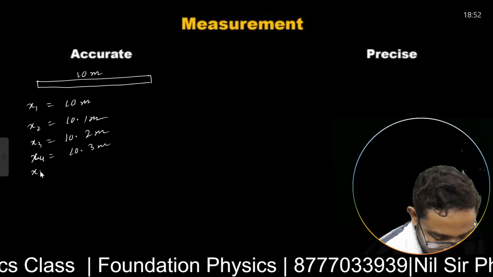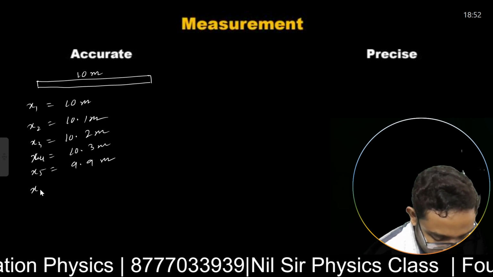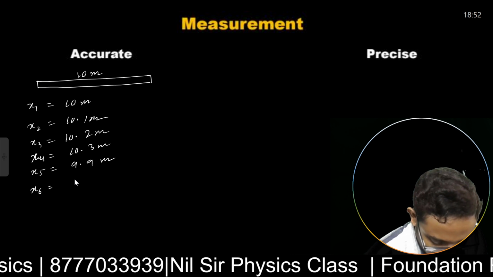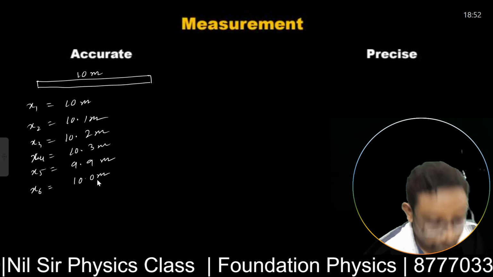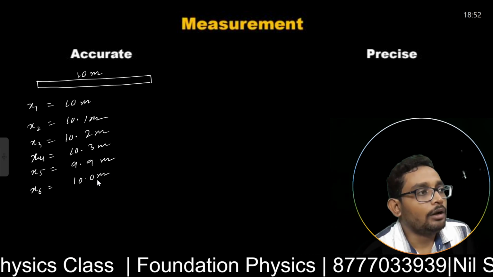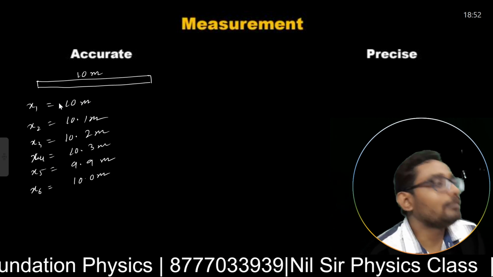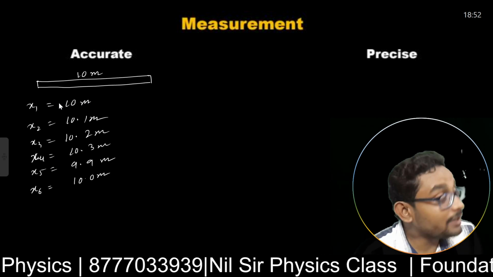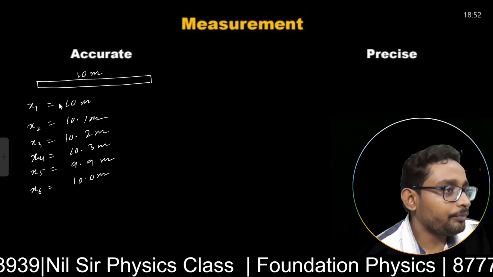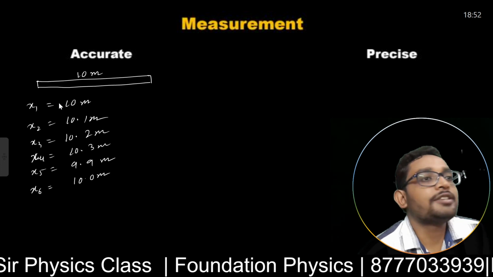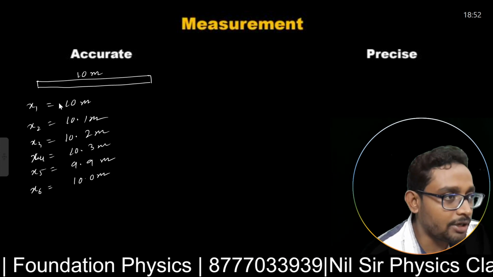Fifth time, 9.9 meter. Sixth time, again 10.0 meter. Now you can see it is spread in a certain range. So you cannot say it is 10.0 meter, or 10.1 meter, or 9.8 meter or 9.9 meter.